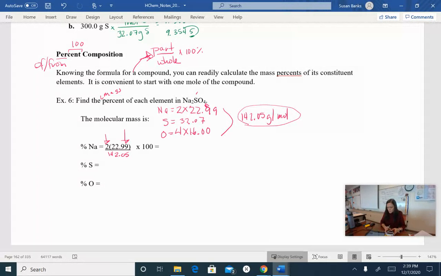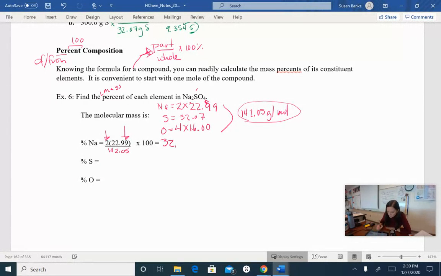So if I take 2 times 22.99 divided by 142.05, and then multiplied by 100, I get 32.36888. Now, I don't want all of that, so I'm going to go to the hundredths place. So that 0.368, that 8 is going to tell me to round up. So I'm going to call this 32.37% sodium.